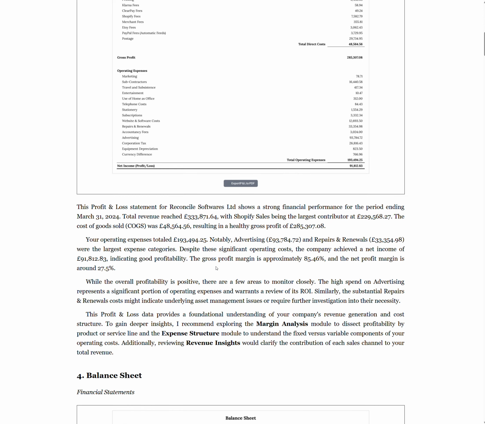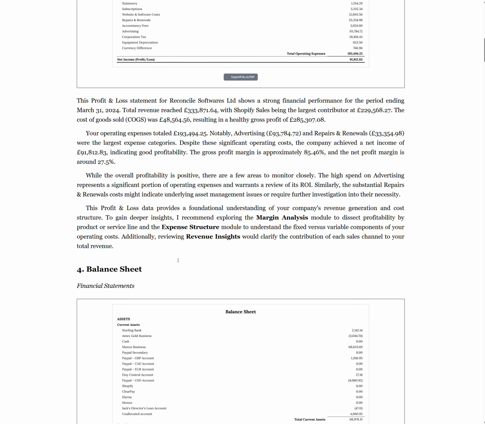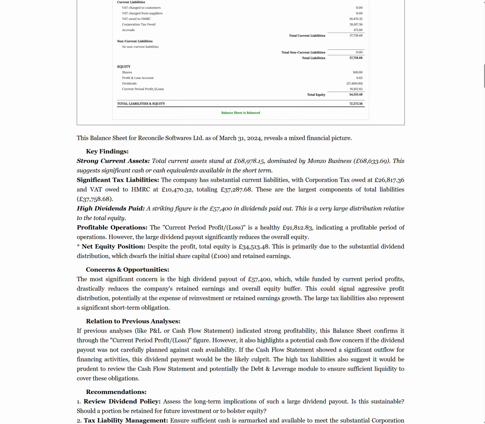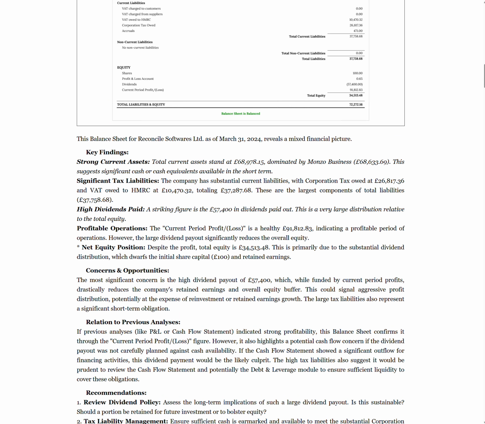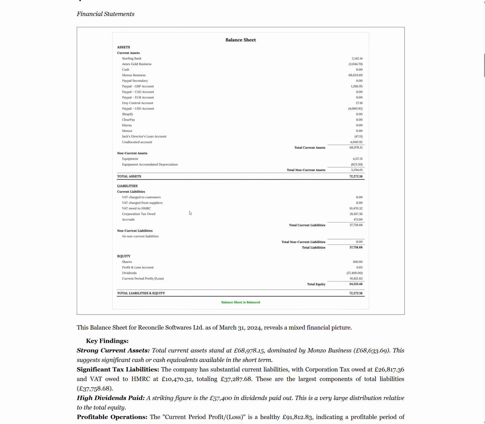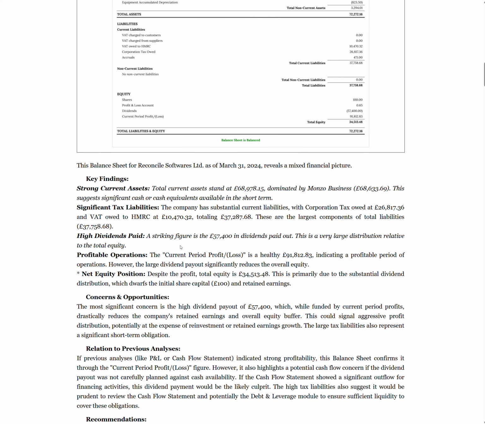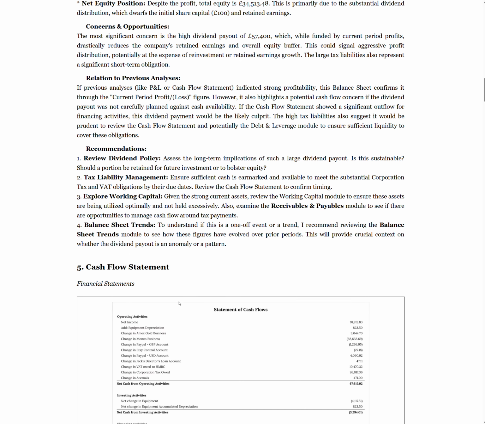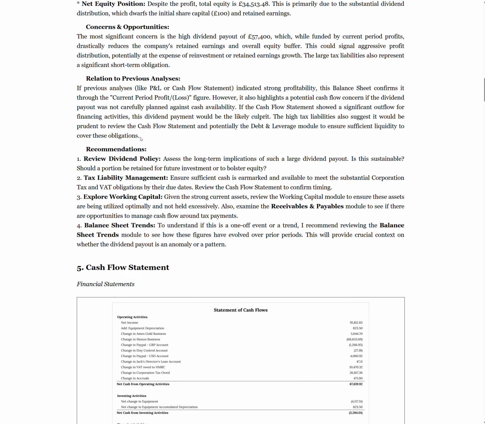Despite these significant operating costs, the company achieved a net income of £91,812.83, indicating good profitability. It goes through the balance sheet, and basically it just tells you exactly what you could find yourself with the knowledge of a CFO level financial analyst. And it also compares it to previous analyses as well.